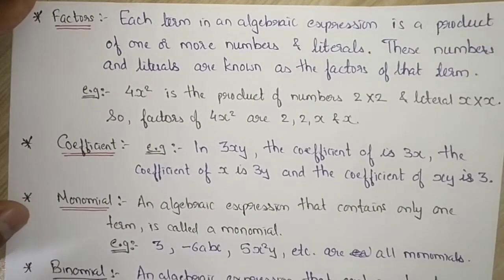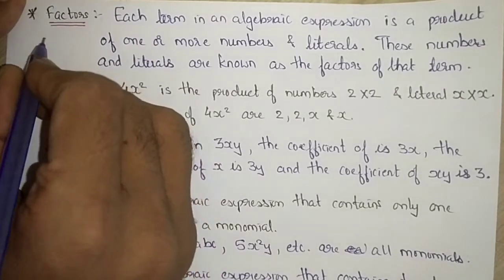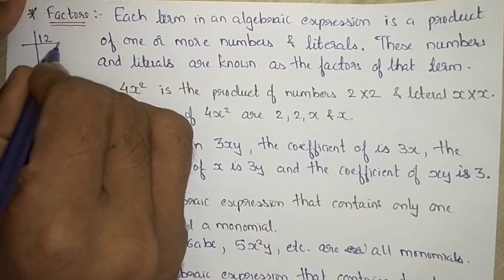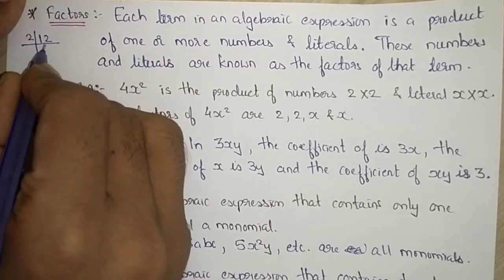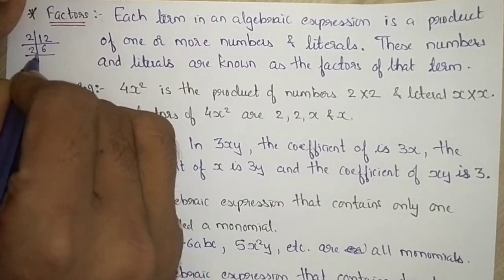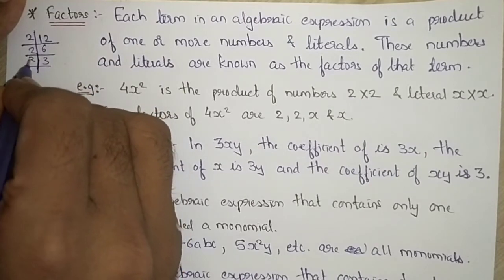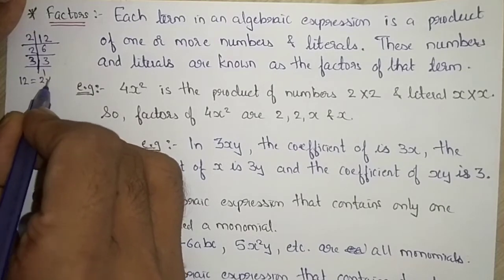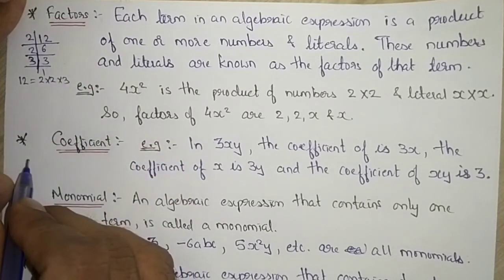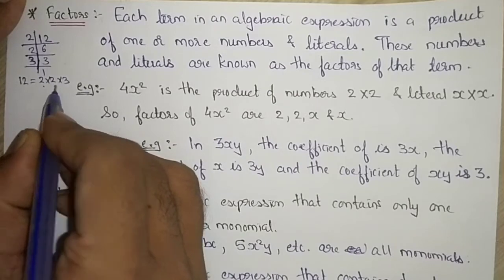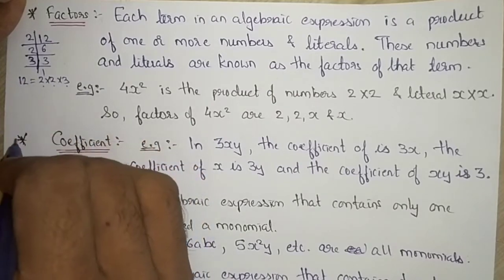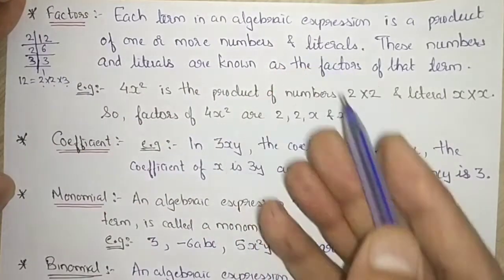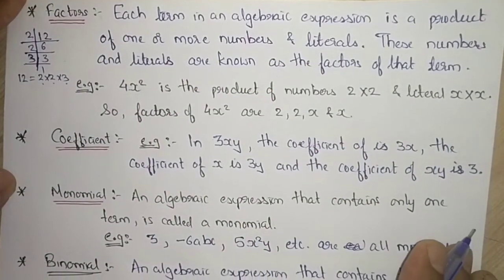Students, you know how to factor a number. Suppose they tell you to factorize 12. So what do we do? 2 sixes are 12, 2 threes are 6, 3 ones are 3. And then we write 12 is equal to 2 into 2 into 3. That means 2, 2 and 3 are the factors of 12. Now how can we find factors of an algebraic expression? See properly.